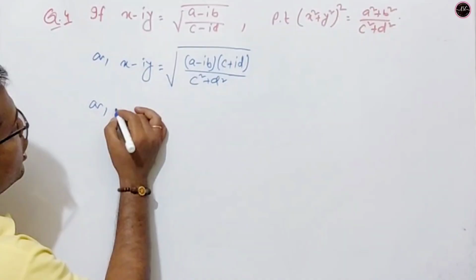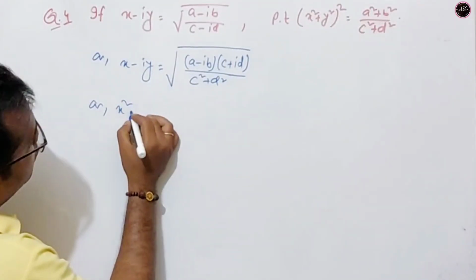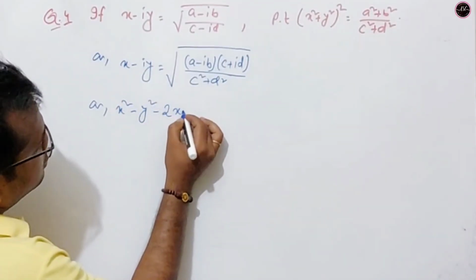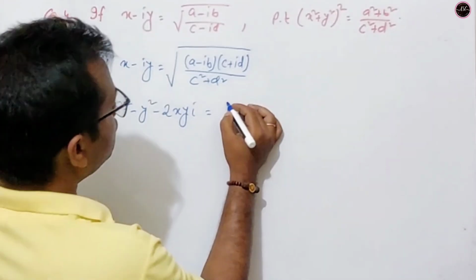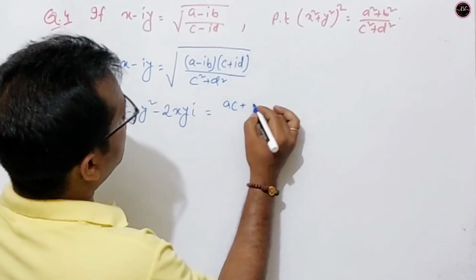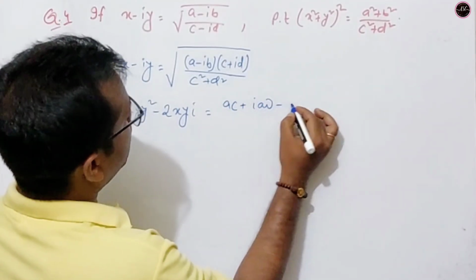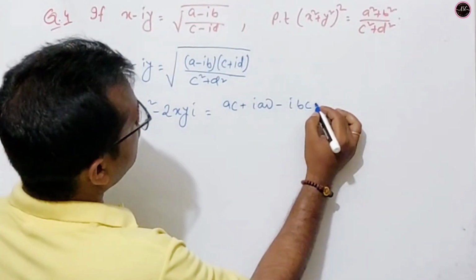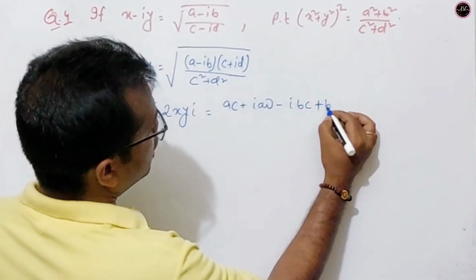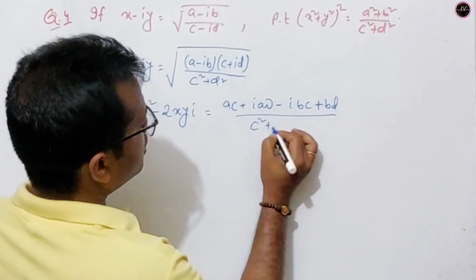By squaring both we get x square minus y square minus 2xyi equal to ac plus iad minus ibc plus bd divided by c square plus d square.